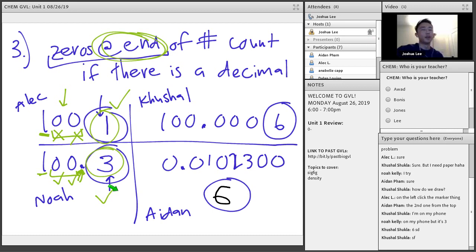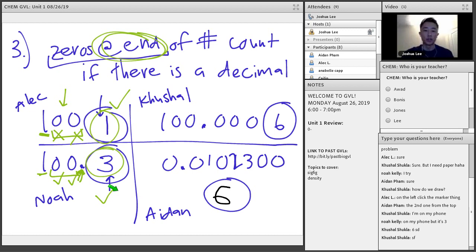And now this one. A lot of students ask, Mr. Lee, what happens if there's zeros in front of the decimal and after the decimal? So remember, we don't care about where the zeros are in relation to the decimal. We only care about if there's a decimal and where the zeros are, if they're in the beginning or the end of our entire number.